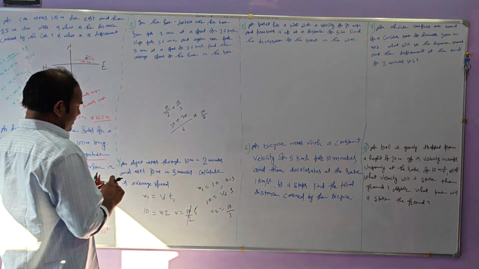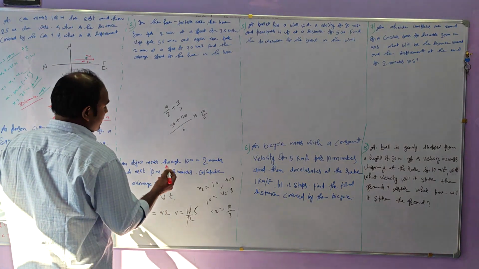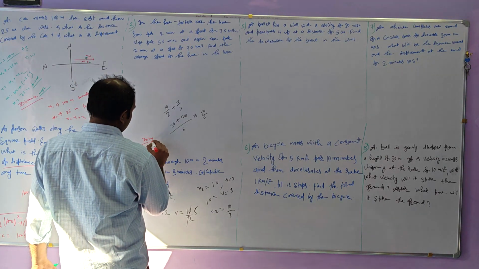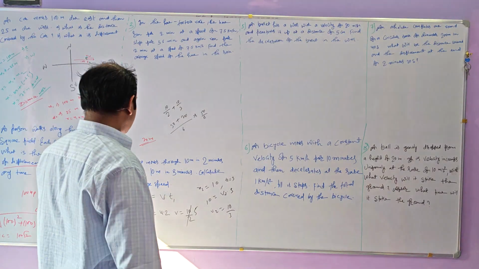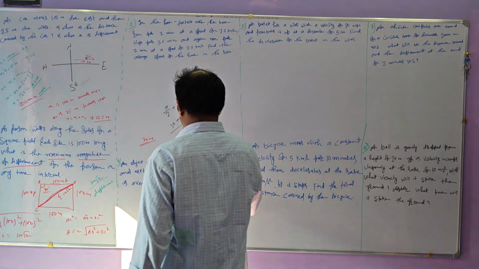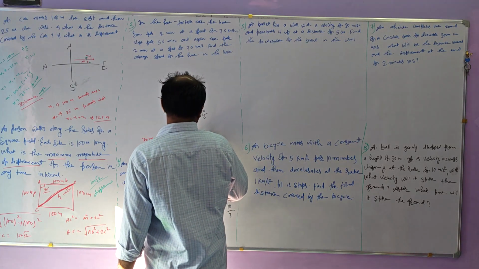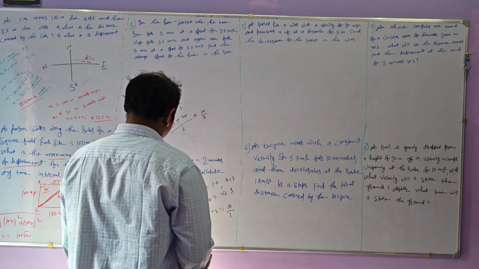We can directly solve it: 20 meter distance and 5 minute total time. So average speed is total distance upon total time.